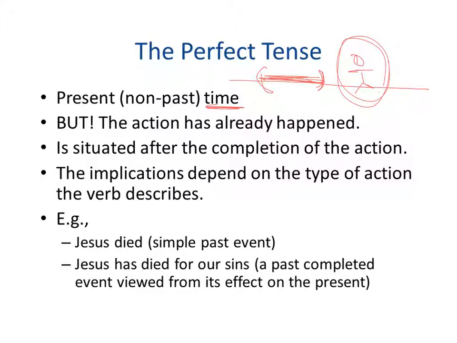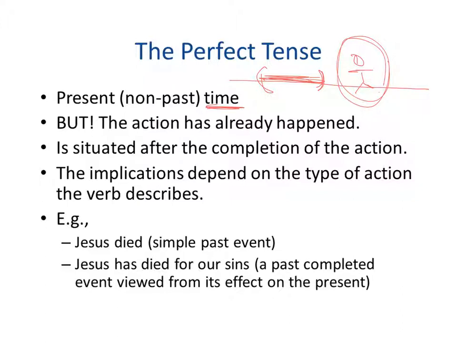So for instance, Jesus died. That's a simple past event. That would be equivalent to what we would say is aorist or aoristic. But we say Jesus has died for our sins. That dying happened in the past, but the event is viewed from its effect on the present. So that's one way that you can see the perfect.